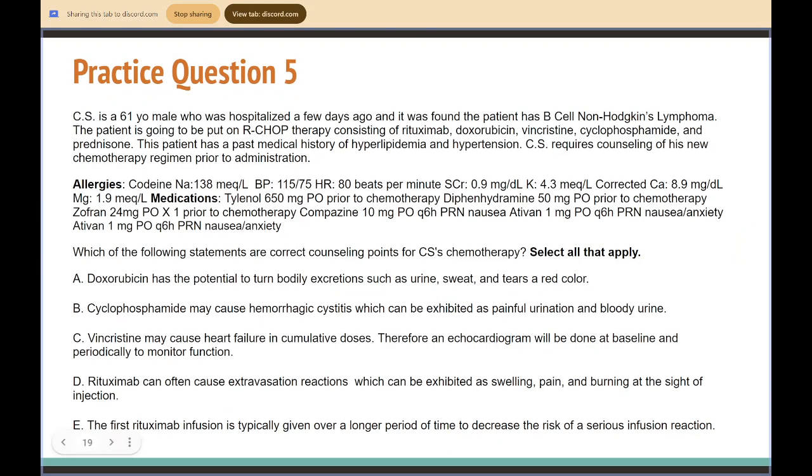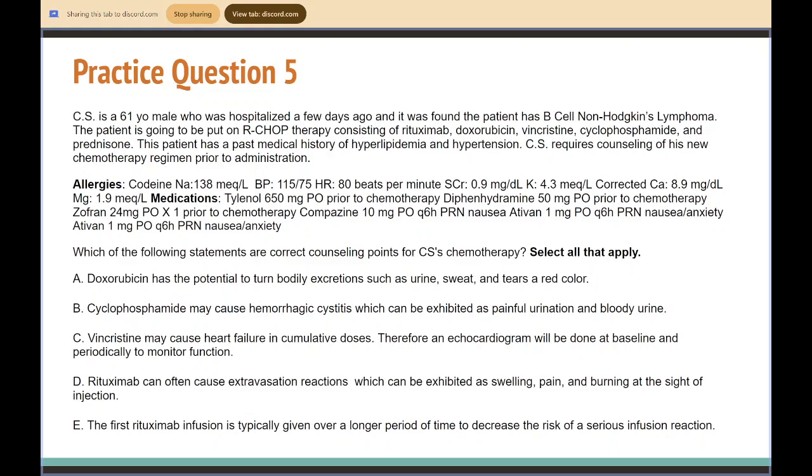All right, practice question 5 is a little more wordy. It is a select all that apply. Which of the following statements are correct counseling points for CS's chemotherapy? Select all that apply. A 61-year-old male, hospitalized a few days ago, was found to have B-cell non-Hodgkin's lymphoma. The patient is going to be put on R-CHOP therapy consisting of rituximab, doxorubicin, vincristine, cyclophosphamide, and prednisone.